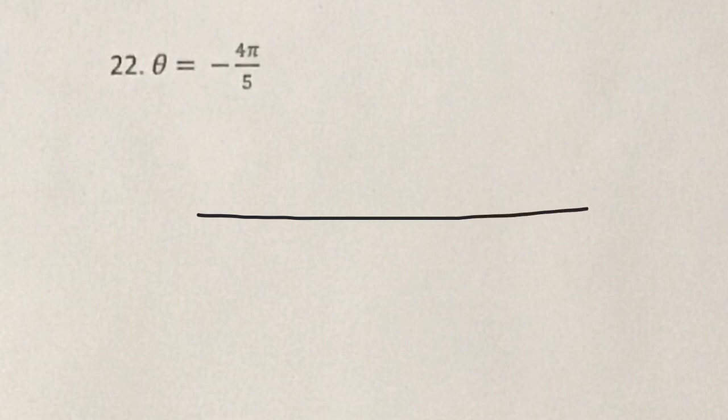So on 22, we have something over 5. So we're going to divide our circle into tenths. 5 on top and 5 on bottom. So 1, 2, 3, 4, and of course 180 is 5, and 6, 7, 8, 9, and then 360 is 10.